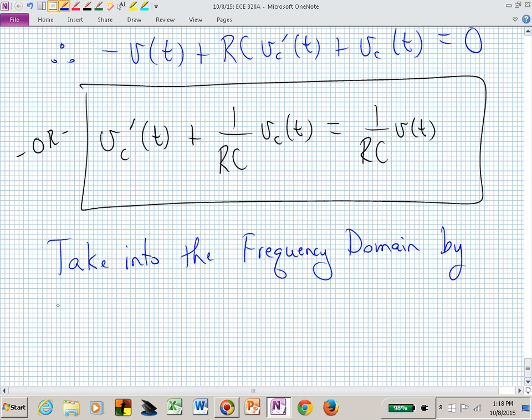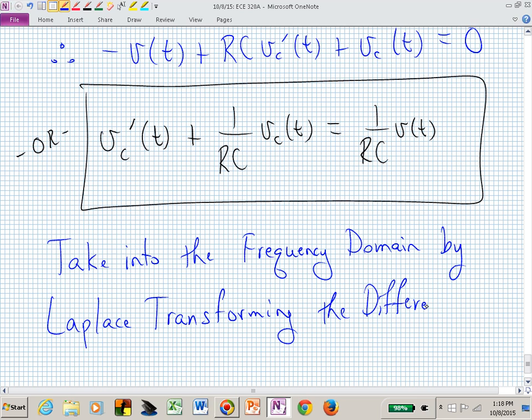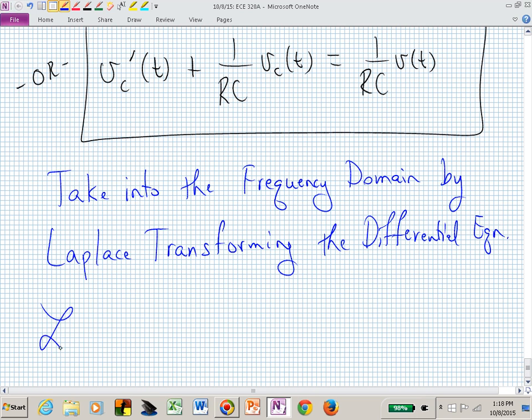We'll do that by Laplace transforming that differential equation, and we can do that term by term. Meaning now we need to Laplace transform V sub c prime of t. The 1 over RC is constant as a function of time, so that's 1 over RC times the Laplace transform of V sub c of t.